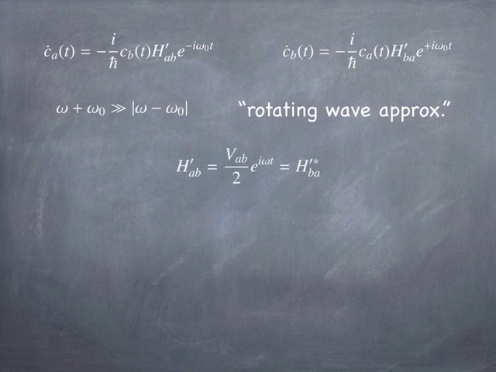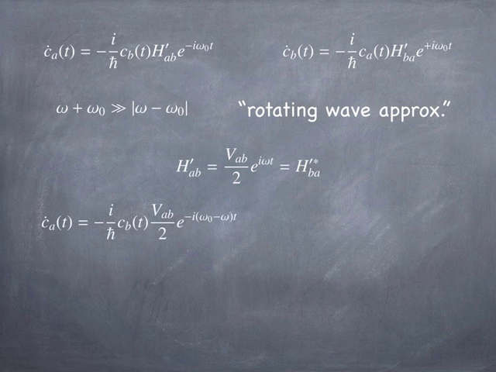We say that, well, let's let HAB prime. Essentially what I'm going to do is to take out, instead of putting in cosine, which is e to the i omega t plus e to the minus i omega t, I'll get rid of the minus i omega part and only leave in the plus i omega part. This has the same effect as that rotating wave approximation. But it turns out, if you do it at the beginning, you can actually solve this thing exactly.